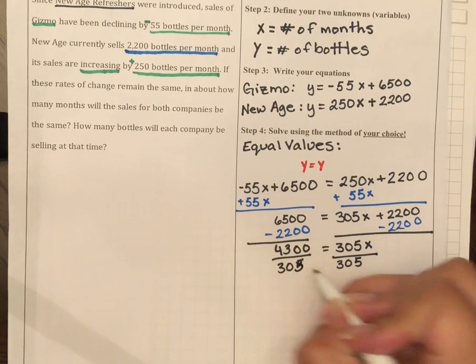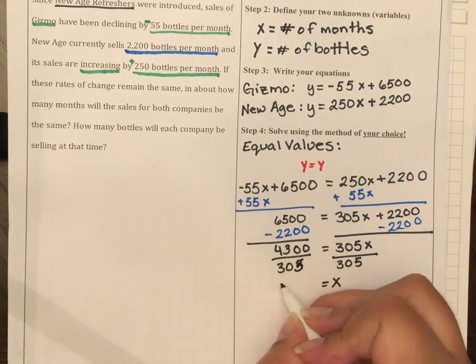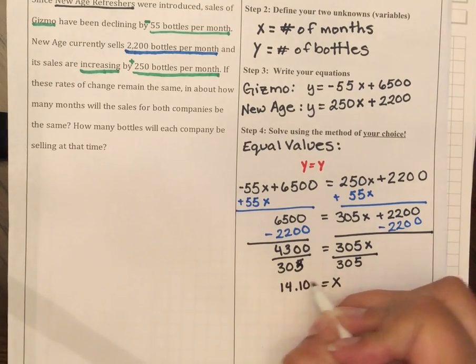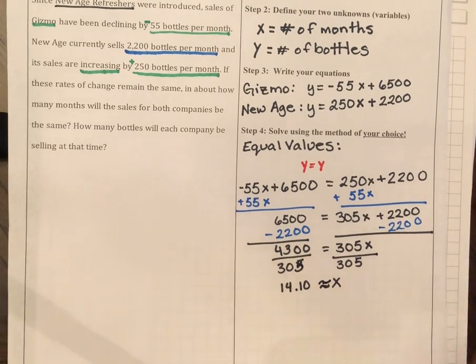So x is about 14.10 approximately. It's like a long decimal, but as long as we write down 2 numbers after the decimal, we should be fine.